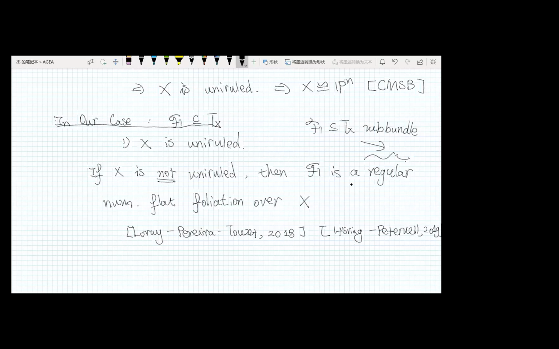Then, in fact, you can use a survey of Druel, for such a foliation above. We have a description of its leaves. This is published in 2013.